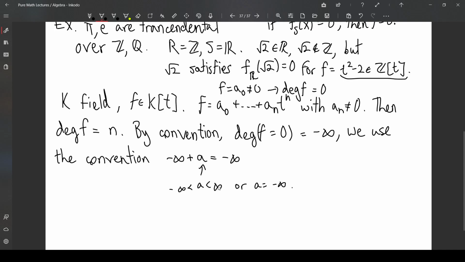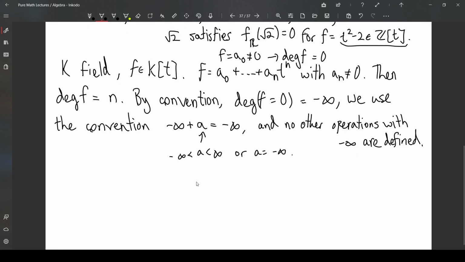So I'm not looking at the case where a is positive infinity, and no other operations with minus infinity are defined. So this is just notation, where we need a minus infinity that makes things work with some of the theorems, just so that we don't have to deal with special cases where one of the polynomials is 0.